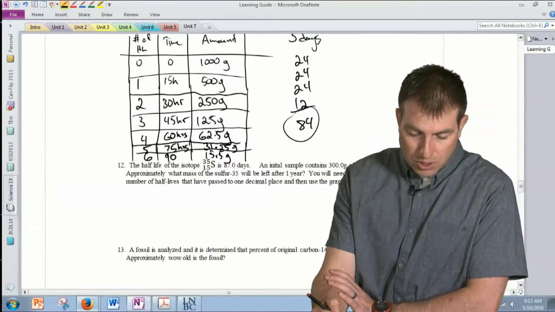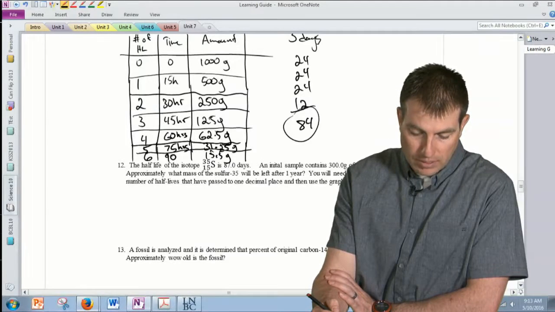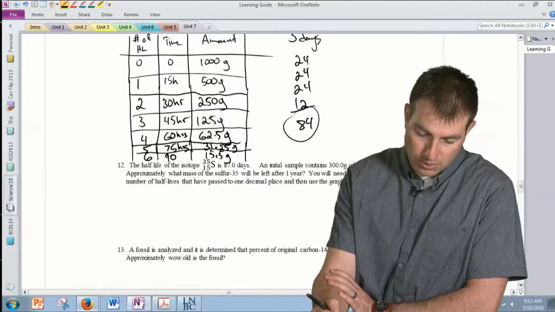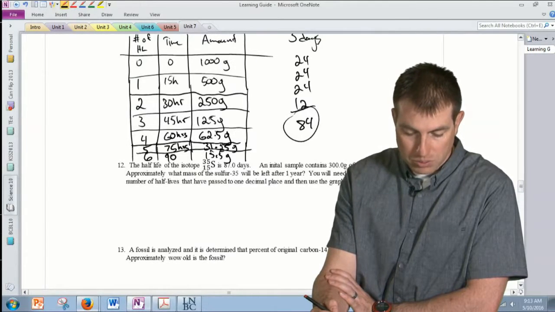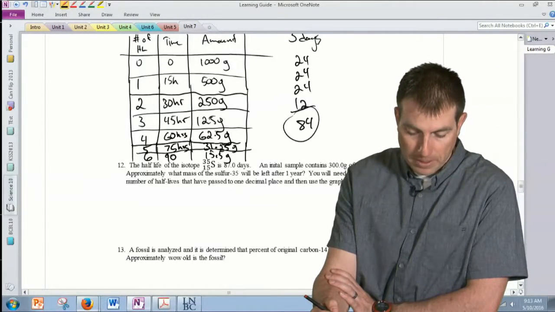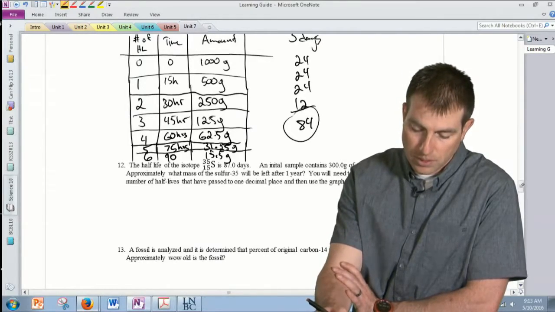Half-life of the isotope sulfur-35 is 87 days, 300 grams. How much will be left after 1 year? You'll need to calculate the number of half-lives, round to one decimal place, then use the graph on page 2.